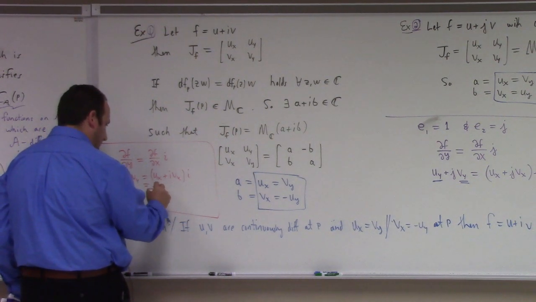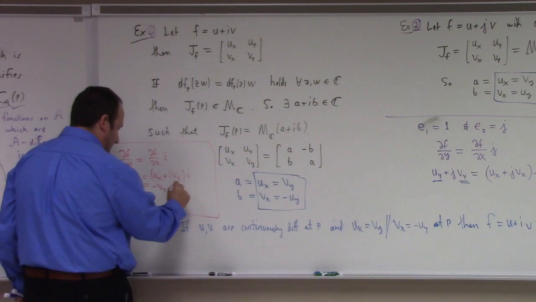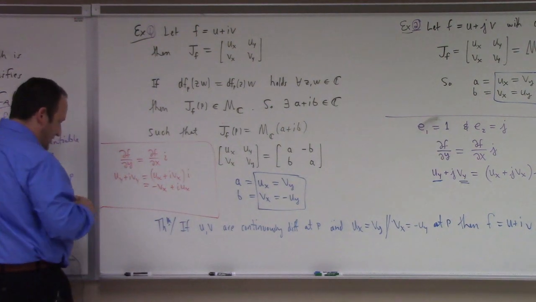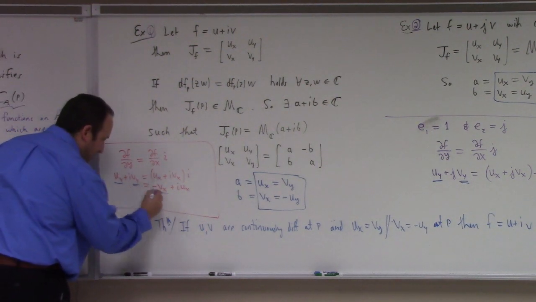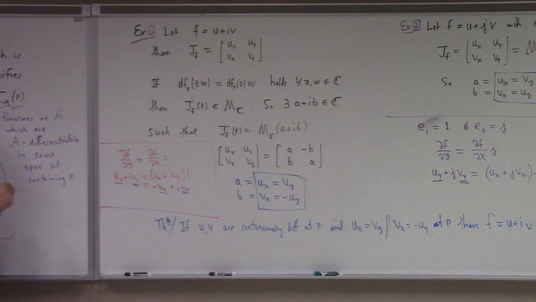Multiply through the i, we've got minus vx plus i ux. And as you can see, this matches that, this guy matches that guy. Those are the standard Cauchy-Riemann equations for the complex numbers. But the efficiency of viewpoint 2, I can't overemphasize the efficiency of viewpoint 2.